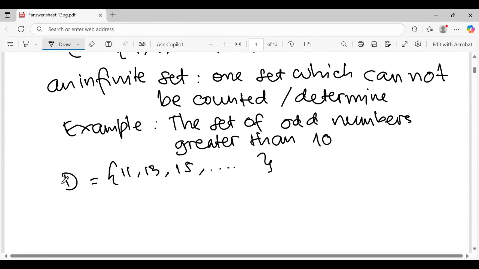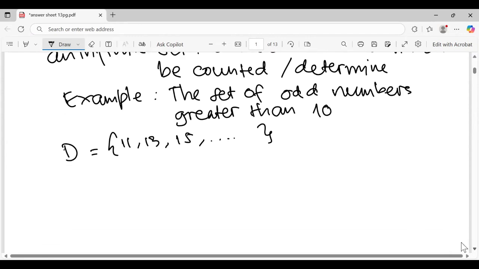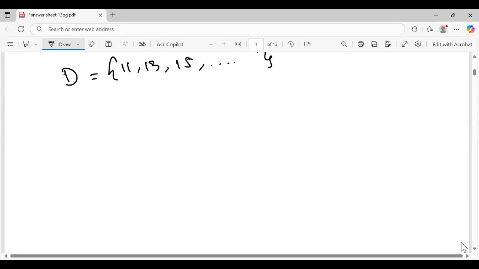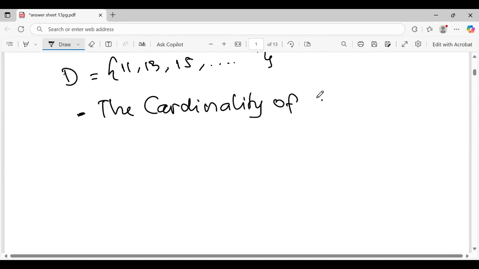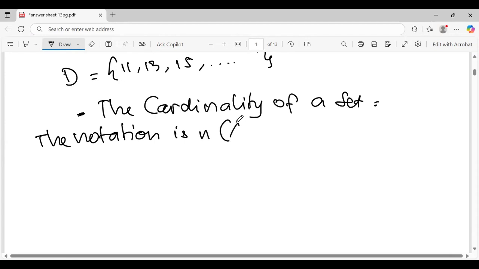Right. Now I would like to continue with the cardinality of a set. The notation of the cardinality of a set is, for example, n(A).